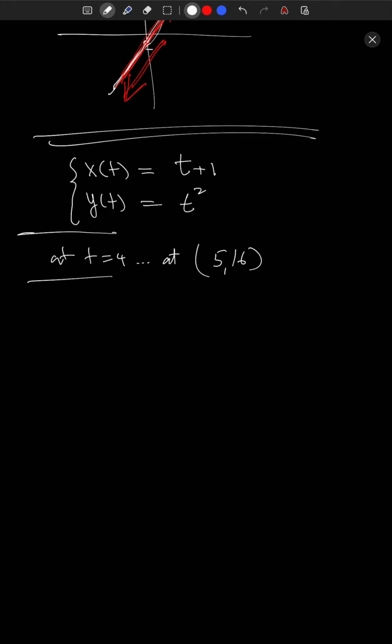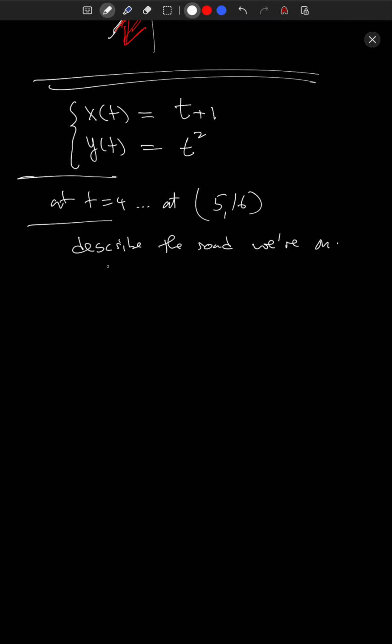The question is, again, let me phrase it using the same terminology we used up there: describe the road we're on. In other words, what's the graph of our motion?